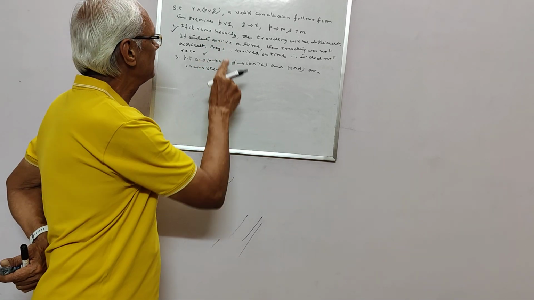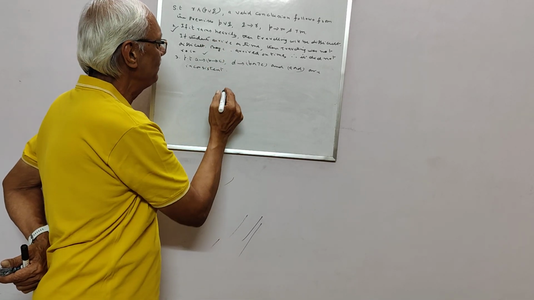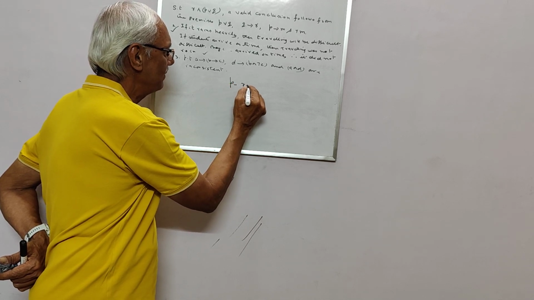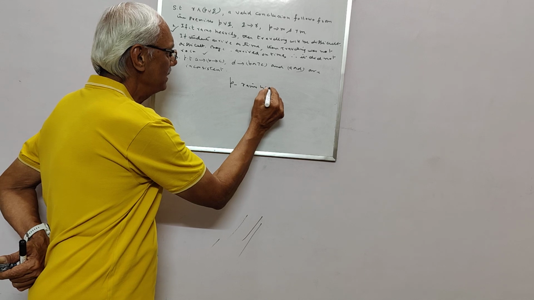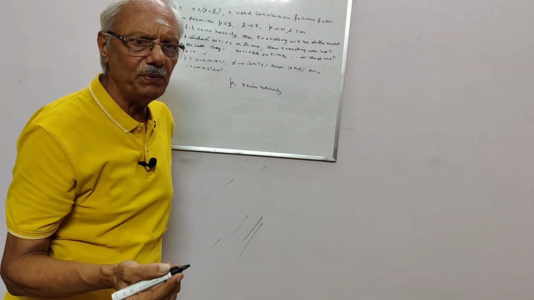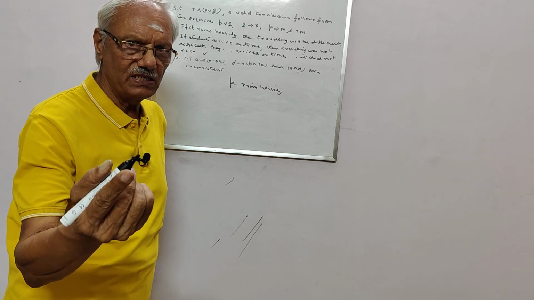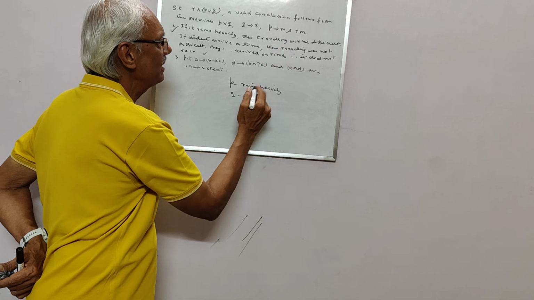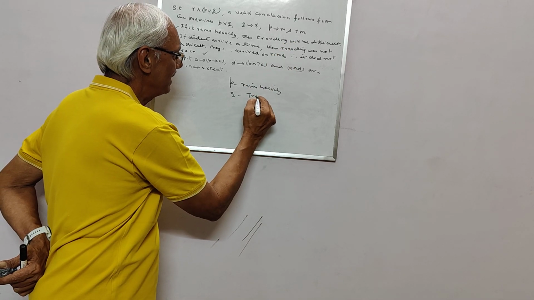In the second problem it is given that if it rains heavily, I will call this P. If I write P, you must understand that it rains heavily. Q means traveling will be difficult.